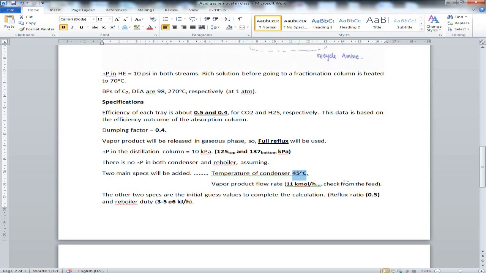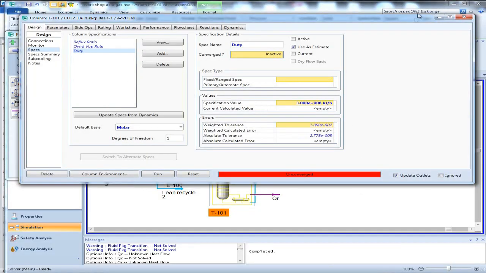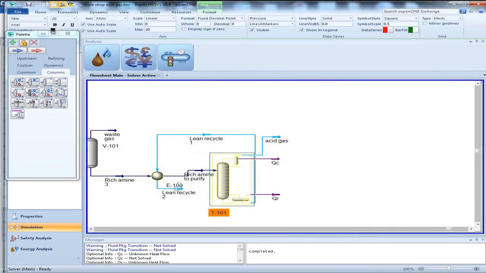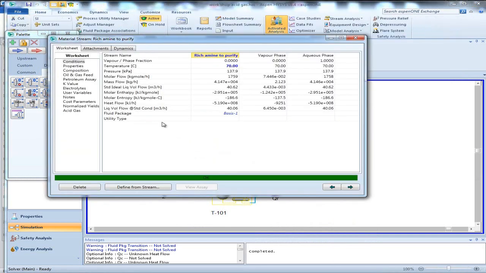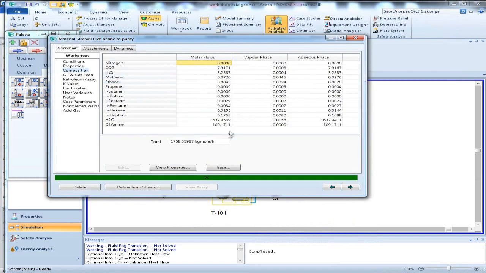So let's take a look by checking the feed. Okay, we go to check that. Let's see. Based on the molar flow rate, carbon dioxide and hydrogen sulfide is fed into the distillation column around 7.9 plus 3.2.